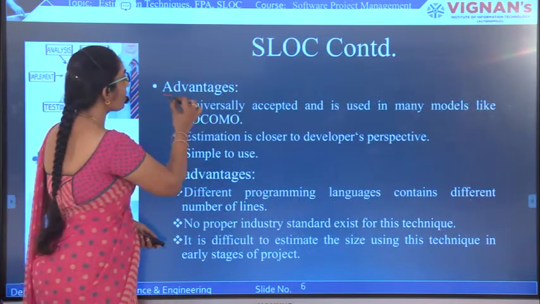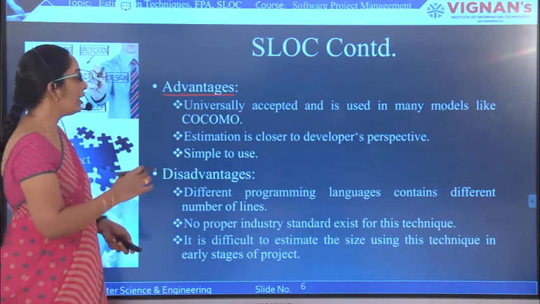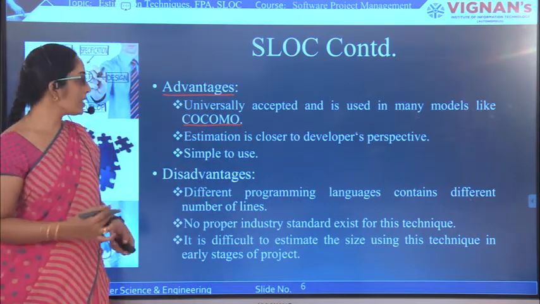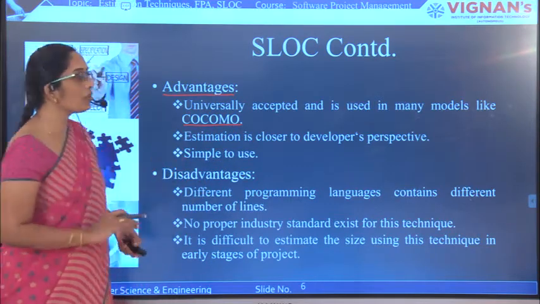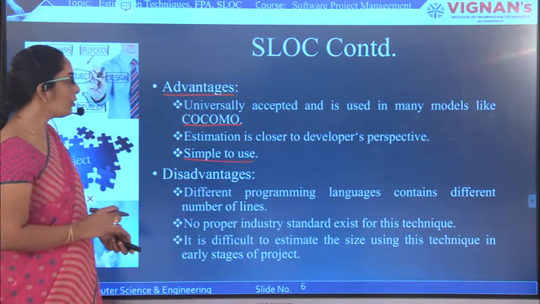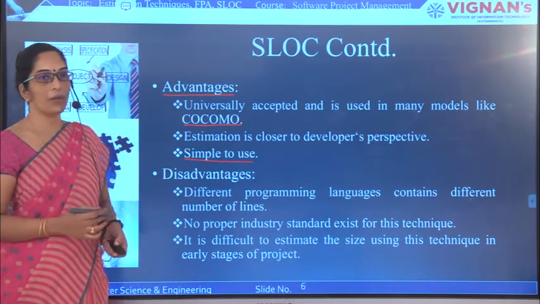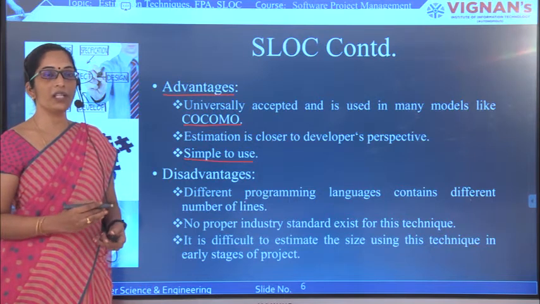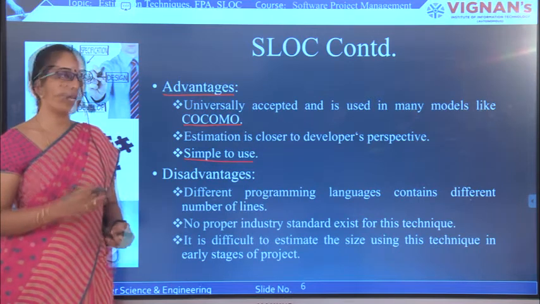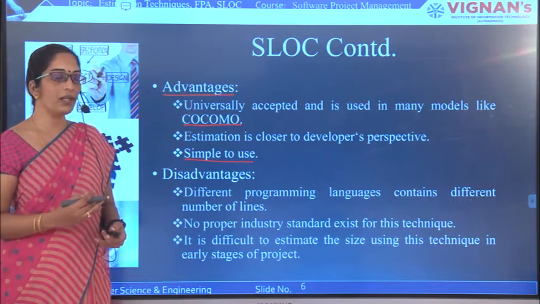The advantages of using LOC are: it is a universally accepted measure and it is mainly used in the COCOMO model, which we will be dealing with in the coming lectures, and the estimation is closer to the developer's perspective and it is very simple to use. And coming to the disadvantages, different programming languages contain different numbers of lines, so it varies from language to language. So finding SLOC is difficult because different programming languages contain different lines of code.